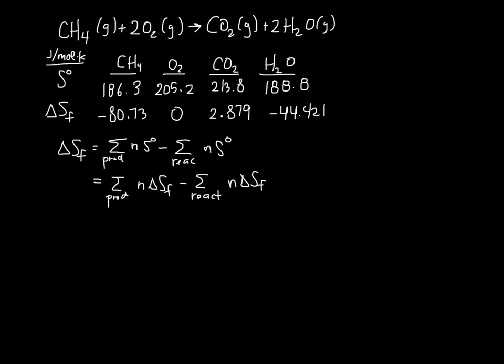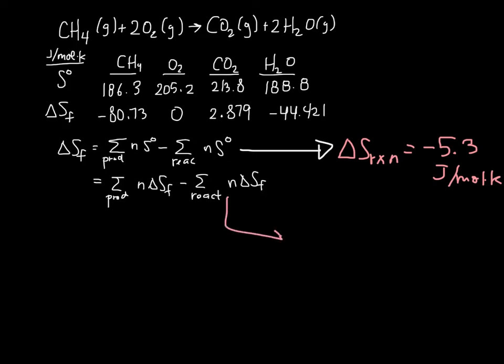And in fact, if we calculate it in this way here, we find that delta S of the reaction is negative 5.3 joules per mole Kelvin. And if we calculate it in this way here, we find that delta S of the reaction is negative 5.233 joules per mole Kelvin.